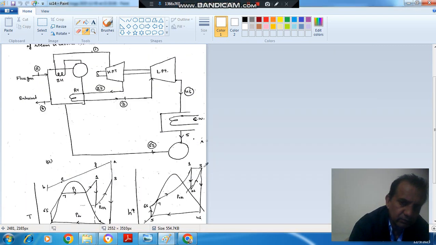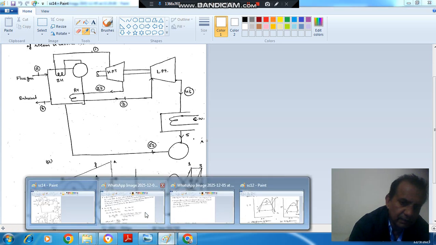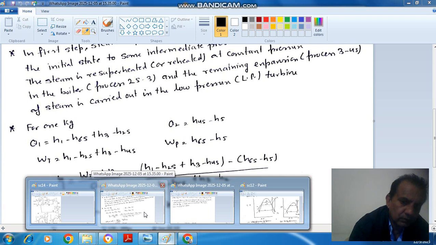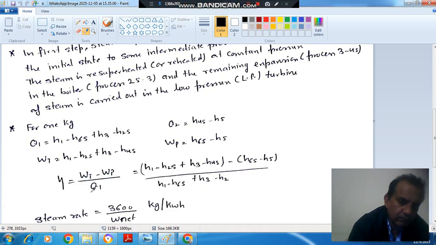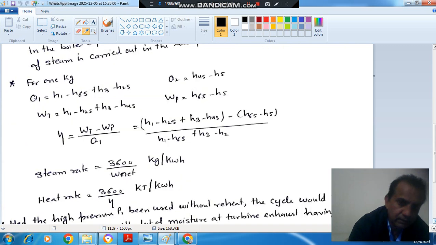So turbine work is H1 minus H2s plus H3 minus H4s, and pump work is H6s minus H5. So the efficiency is Wt minus Wp by Q1, where Wt, Wp and Q1 have these values. The steam rate in kilogram per kilowatt hour is 3600 by W net, and the heat rate is 3600 by efficiency, so this is in kilojoule per kilowatt hour.